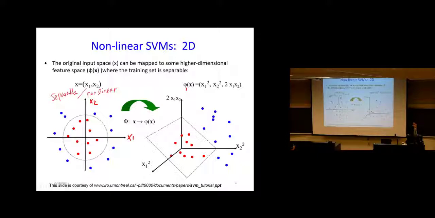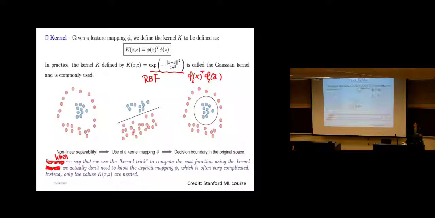In this design I have this specific phi, but in fact when you use SVM, you don't need to know phi. You just need to define K. It will become very clear in later slides.